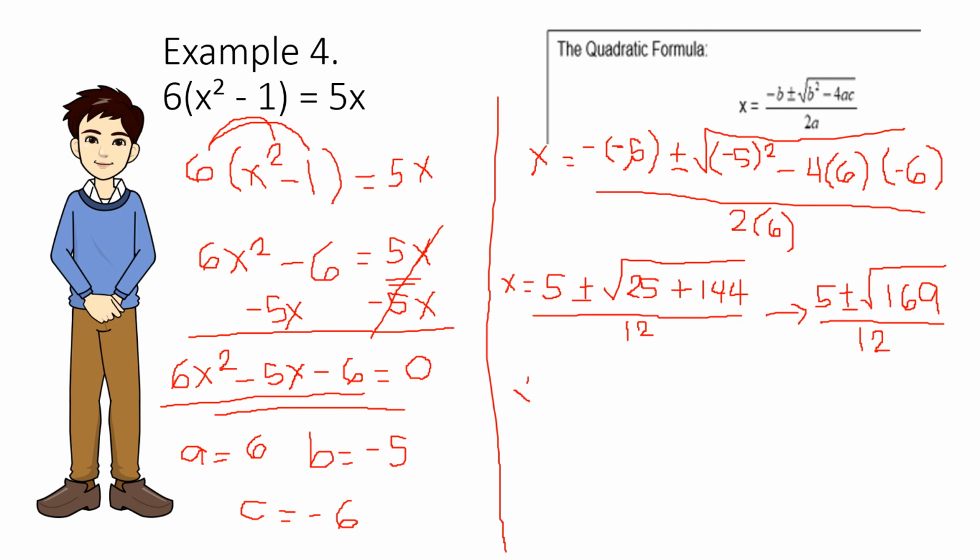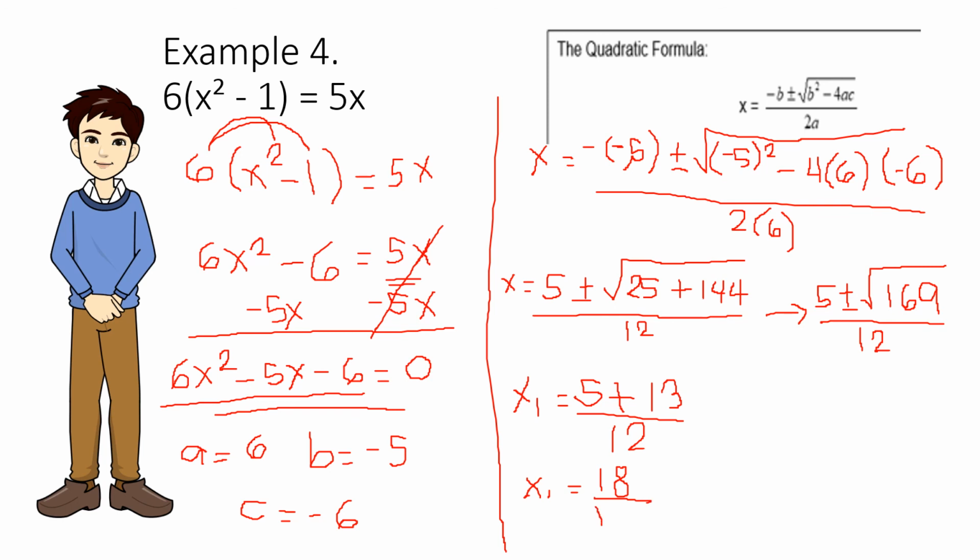Let's have our x sub 1. Magkakaroon tayo ng 5 plus the square root of 169 is 13. So, 13 all over 12. Then, sub 1, continue lang natin yung pag-simplify natin. Magkakaroon tayo ng 5 plus 13 is 18 all over 12.